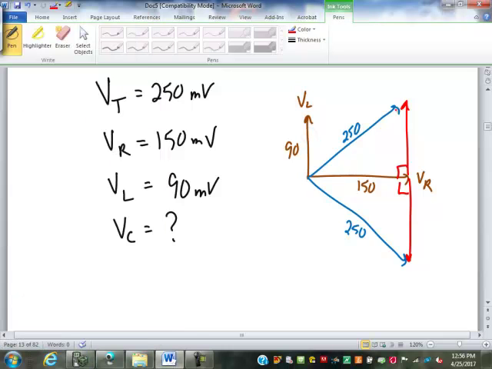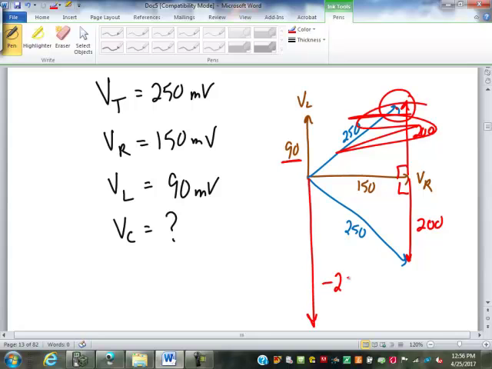Is it possible for it to be this one up here? No, this only goes 90. So it can't possibly go 200 up, right? So it has to go down 200. So this one can't happen. That means 290 millivolts has to be our VC, so it can go down a net of 200. Does that make sense? Okay.